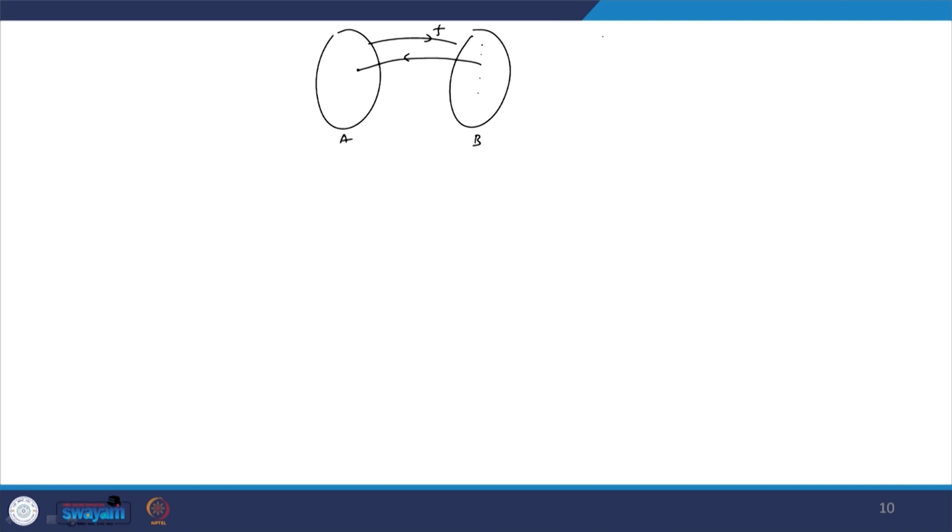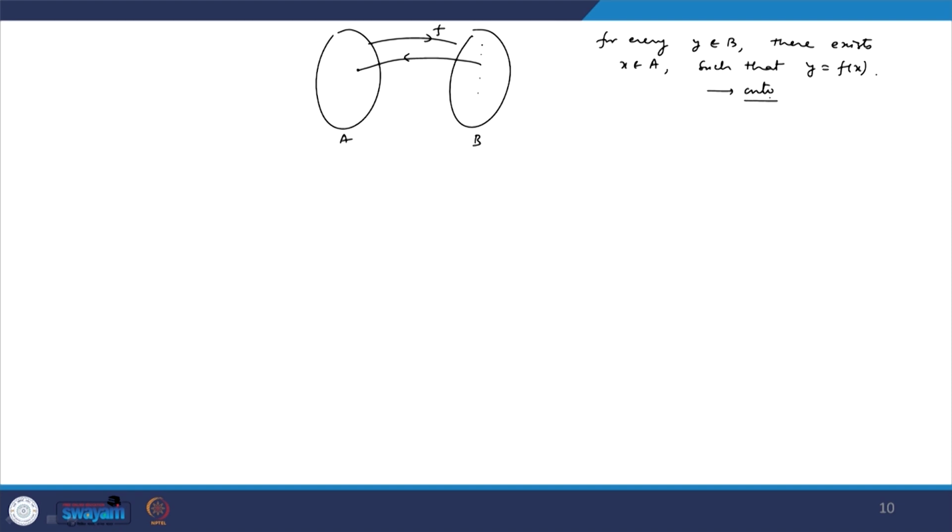Okay. So, that means for every y in B, there exists x in A such that y equal to f x. So, then we say that the function is an onto function.